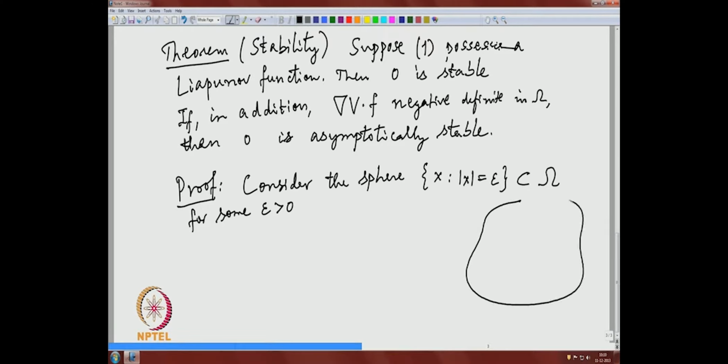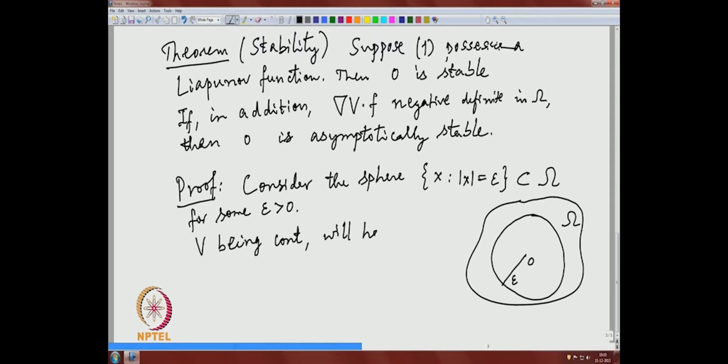Okay. So, here is a simple diagram. I will put omega here, and this is the origin. So, I am putting this bar here. Okay. So, we will be working in that particular neighborhood. So, V being continuous, will have a positive minimum.